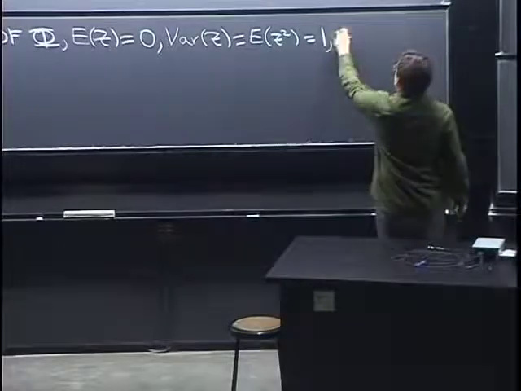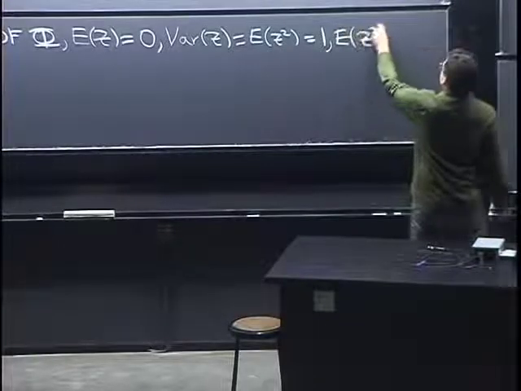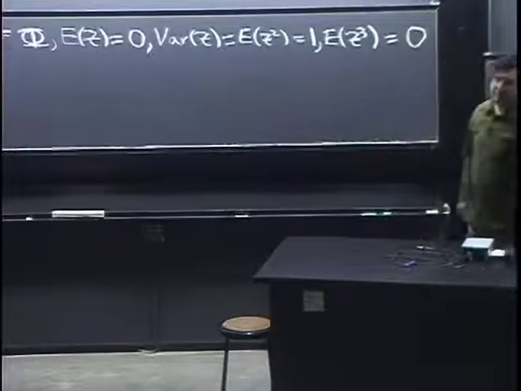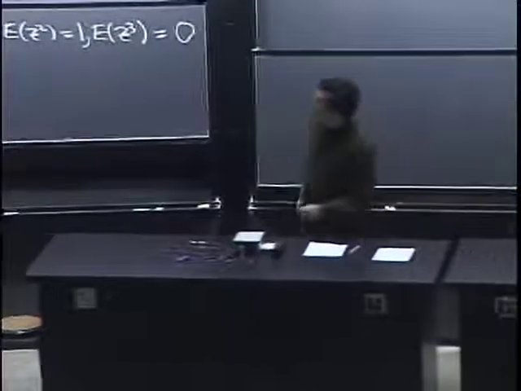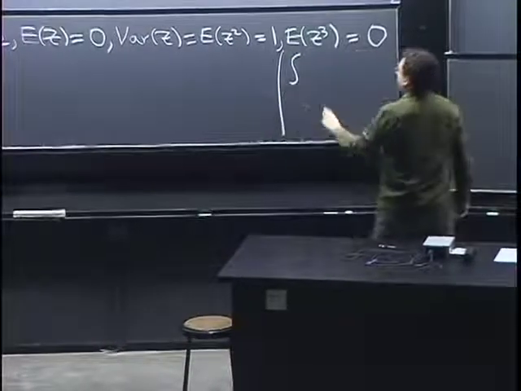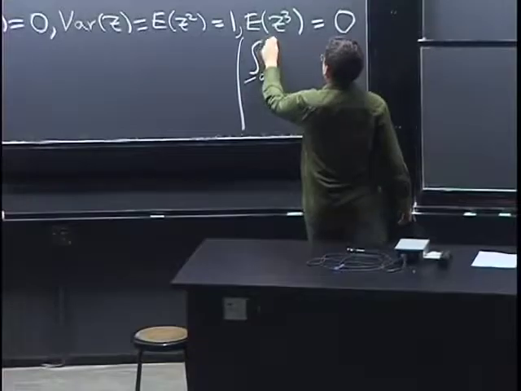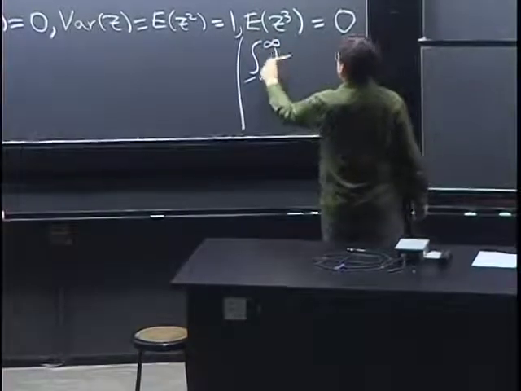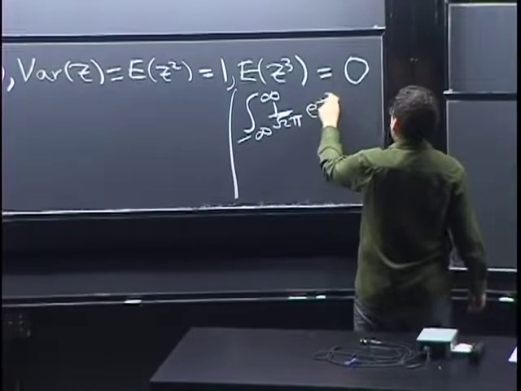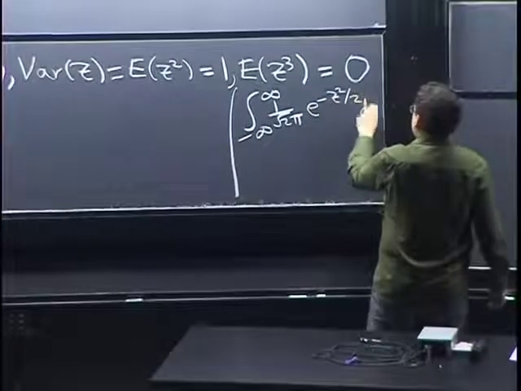If we wanted E of Z cubed, which we didn't talk about last time, that's going to be 0 again. Let's write down what it would be. By LOTUS, we would have the integral from minus infinity to infinity of 1 over root 2 pi, e to the minus z squared over 2, dz. That would just be integrating the PDF, which integrates to 1.